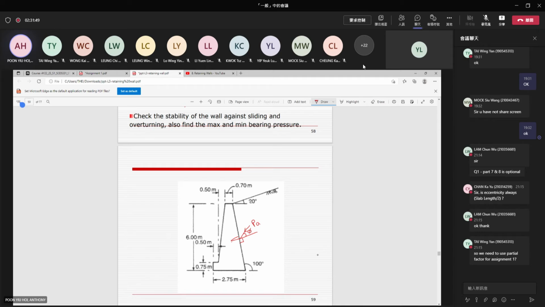So after you calculate the pressure, you have to resolve this into a horizontal and vertical pressure. So actually, I think this is one of the key points.